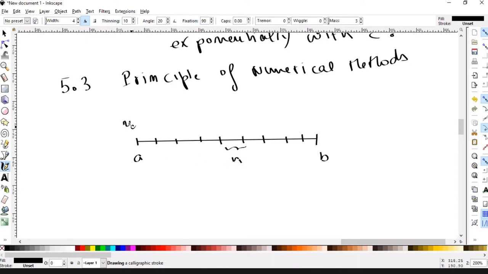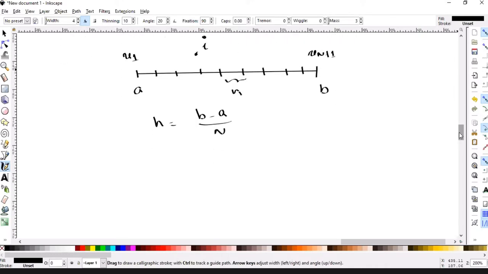This is the first point, this is the point n plus 1, and this is a point xi. h is equal to b minus a over n, the total number of sub-intervals.